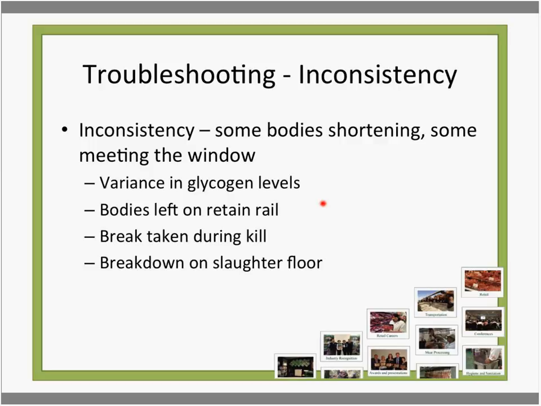You'll also get a variation if there's a difference in processing time, so whether an animal's been out on the retain rail, or if there's a break during the kill, whether that's a breakdown or you run your chain off during the kill, or, as someone mentioned, whether those animals go to the chiller for longer than the carcasses that follow.